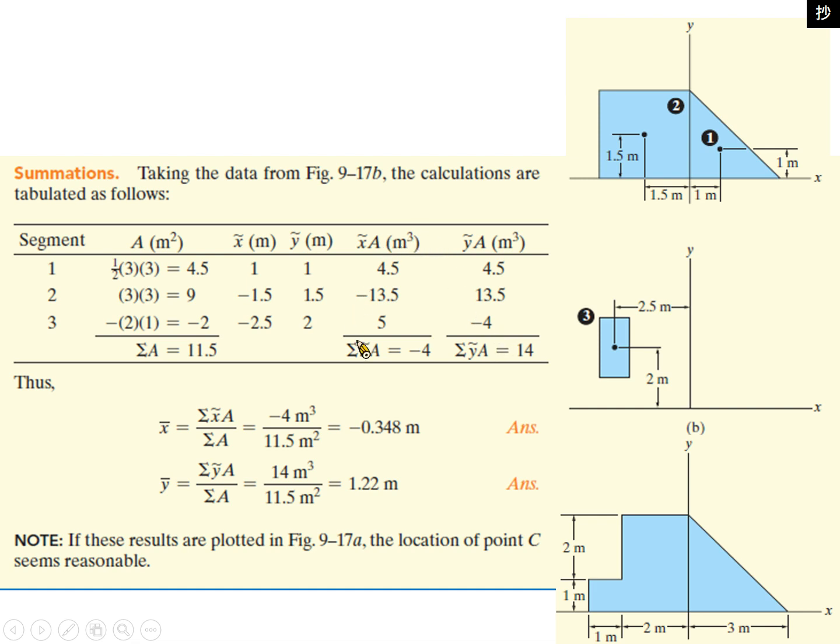Okay, then with the summation of the moment of area for x, which is negative 4, and for y, which is 14, we divide those values by the total area. Okay, the total area is the summation of the areas here. And then we can work out the centroid for this area. X value is negative 0.348, and then y value is positive 1.22, okay, meters. Which is calculated from the 0 reference point.